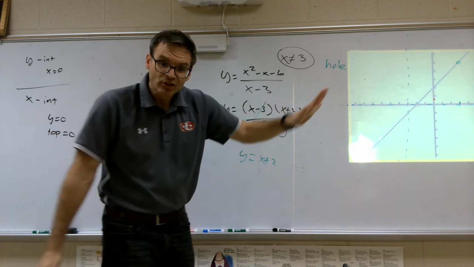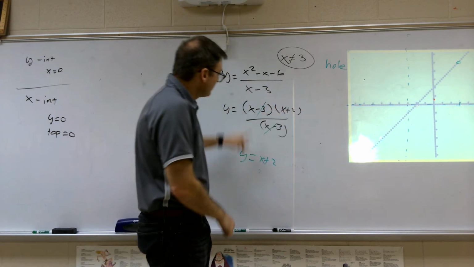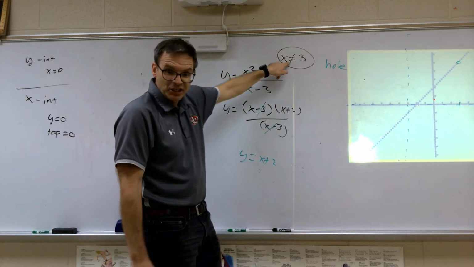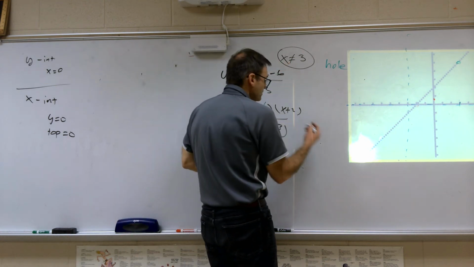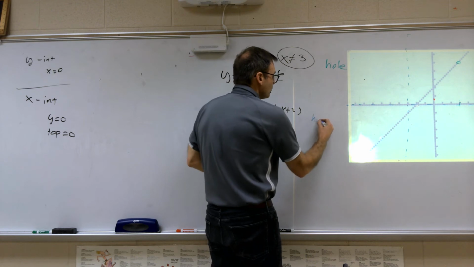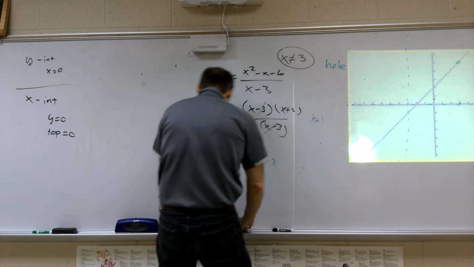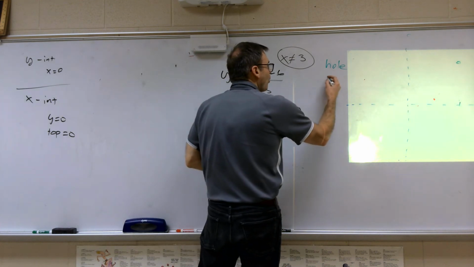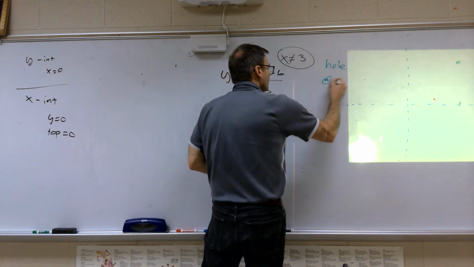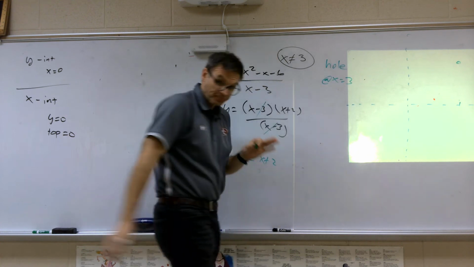So what causes the hole is whenever something cancels. Now, in looking at this, notice this canceled, like x can't equal 3. What makes the bottom 0 in this case is x equals 3. So we could say that we have a hole at x equals 3.